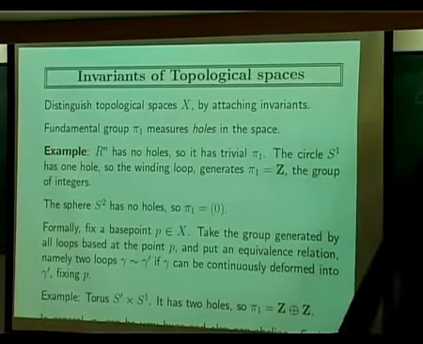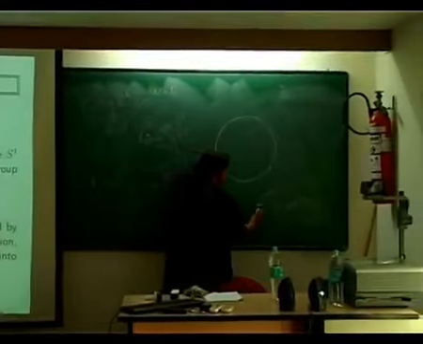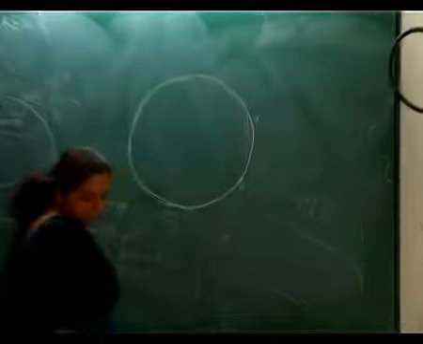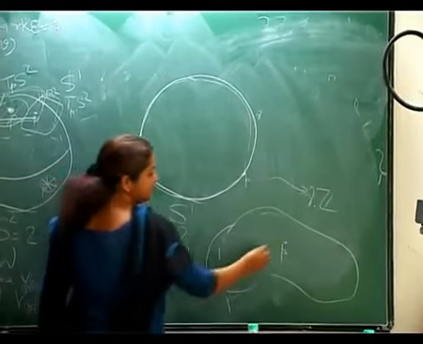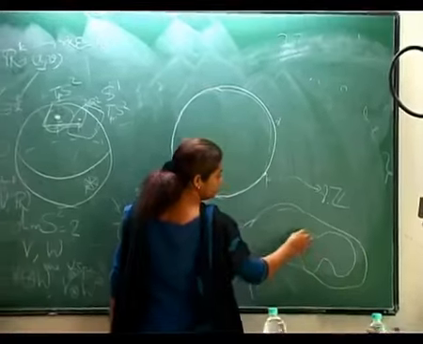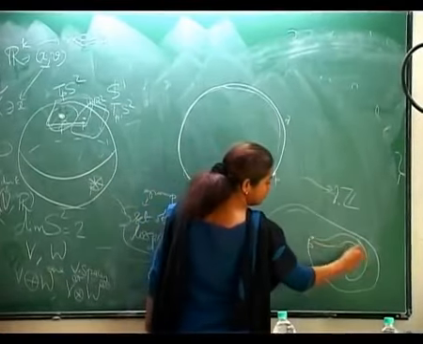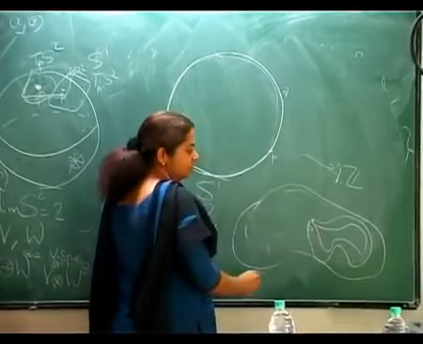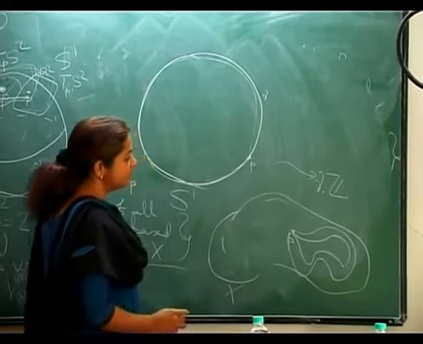So I begin with one loop. I fix a base point P here, and I take some loop like this, and then I say that this loop is the same as this loop, which is another loop. How can you identify them?